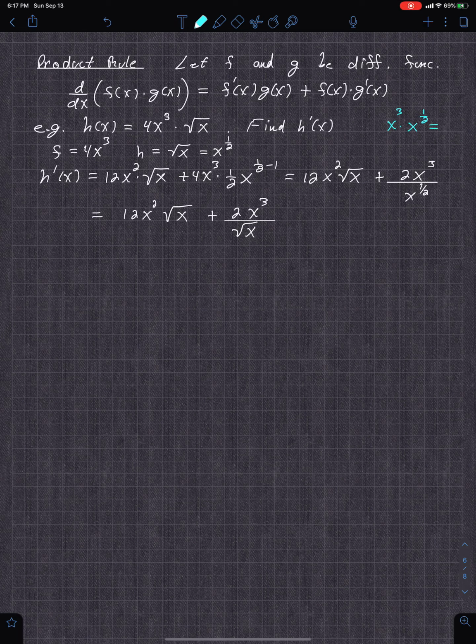You could rewrite that and just get x to the 7/2. And so if you left it as that, then you don't need the product rule. So often doing a little algebra first saves a little trouble, because this is kind of messy, but you take some algebra to clean it up. You could do root x over root x, simplify things, etc.